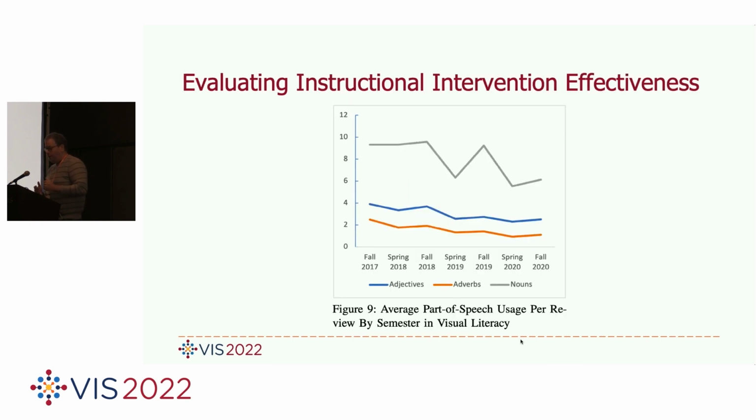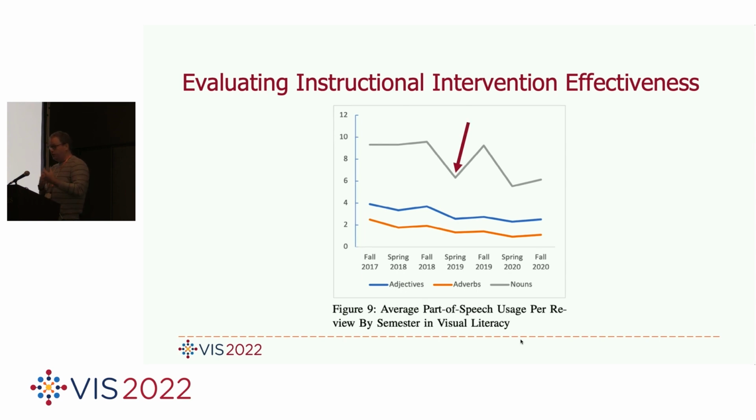The final area that I'll mention with respect to this evaluation is looking at the results of instructional interventions. This is again coming from the mass communications course, and it's looking at the total number of words that were used by the students in their reviews. What you'll notice is that there are a couple of dips in this particular picture. The first dip that you see happened here in spring 2019.